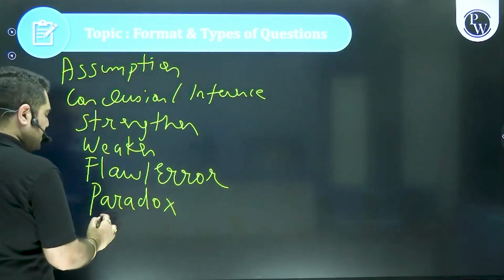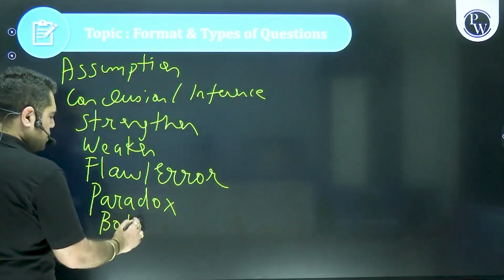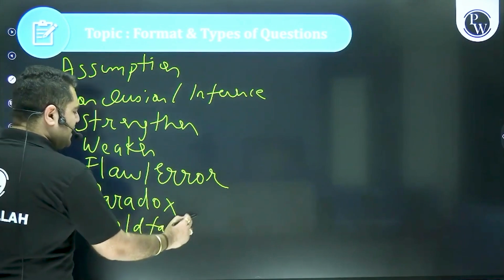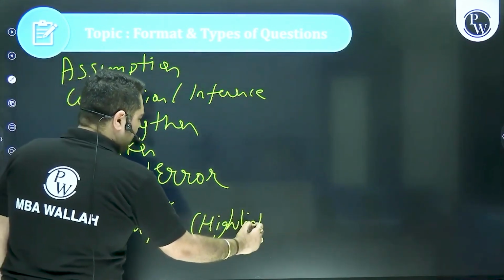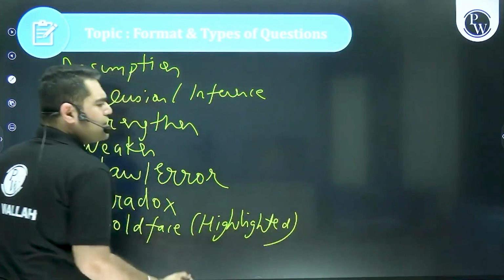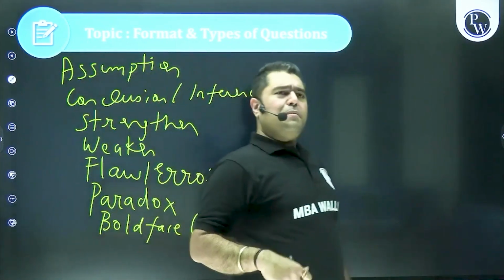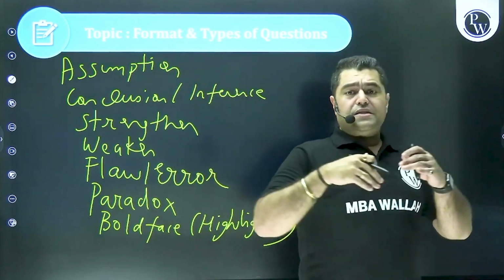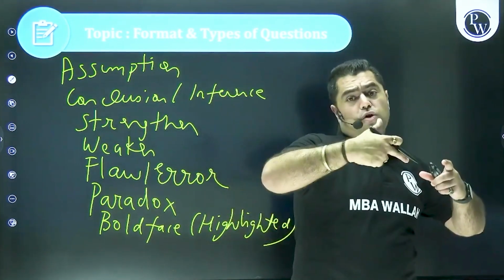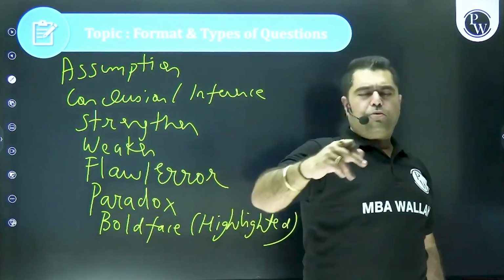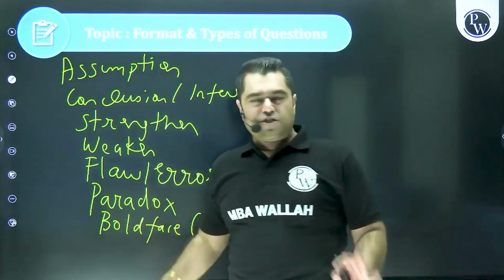Then we have something called boldface. Boldface means highlighted part. So part of the argument will be highlighted and you will be asked, what role does that play? Matlab, is it the premise, is it the conclusion, is it an argument that the author supports, is it an argument that the author opposes? Too much fun, too easy. We'll solve all of this.